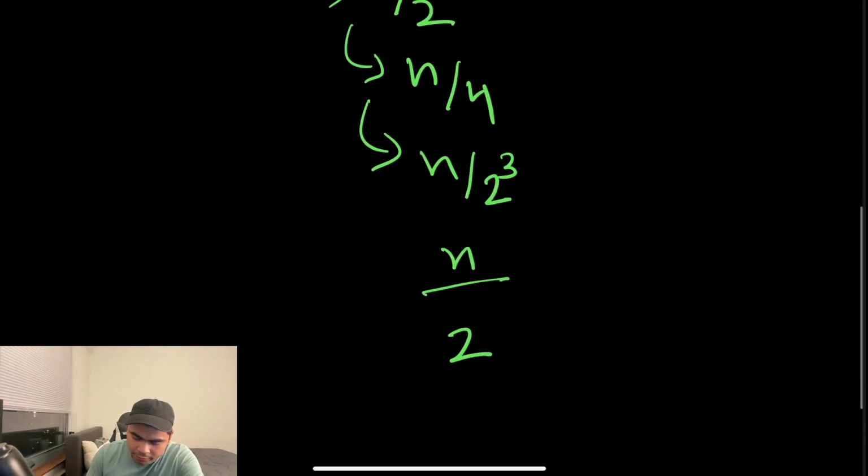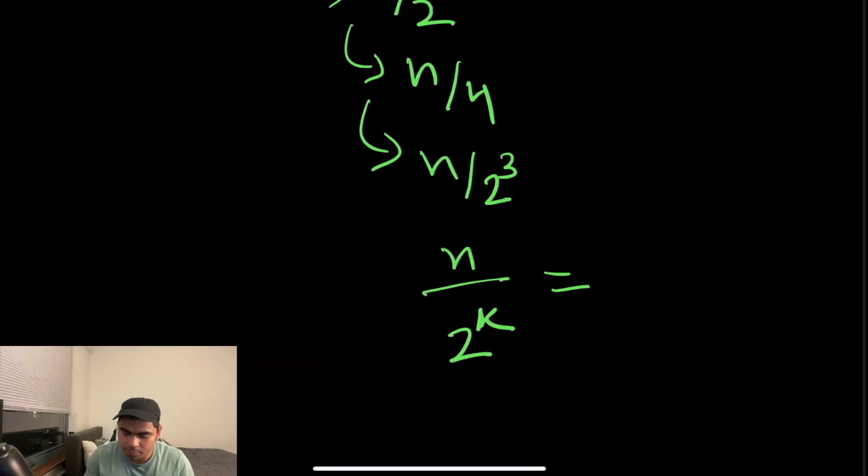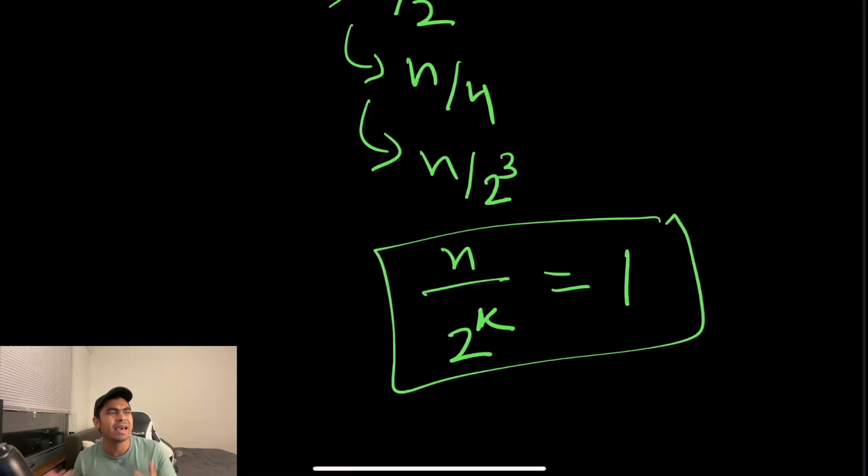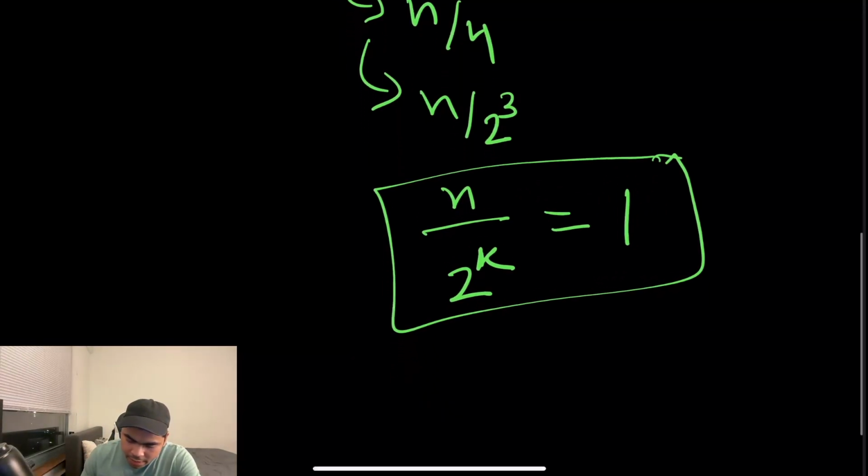At one point it will become n by 2 to the power k, and that will reach an input size of 1. That's when we either find our answer or we decide to return -1, as the problem has asked us, because the target doesn't exist. And so this becomes n equals 2 to the power k.